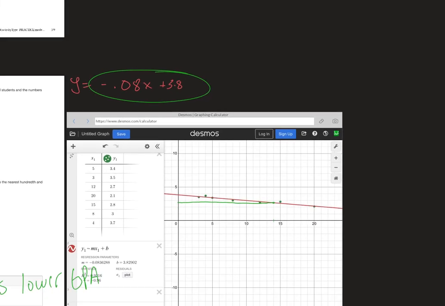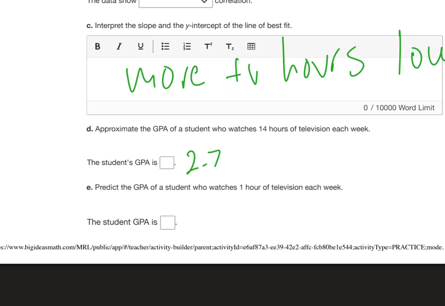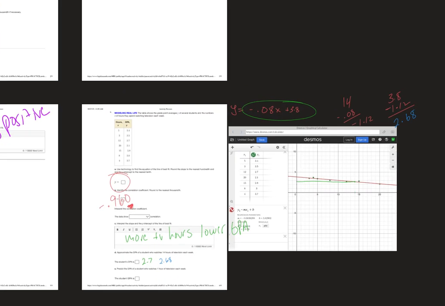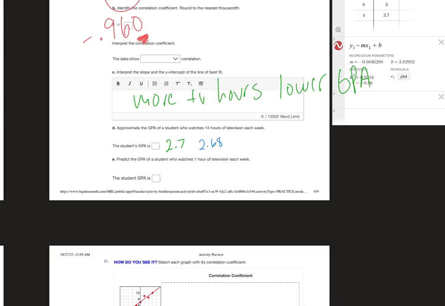So when you do 14 hours times negative 0.08, you get negative 1.12, and 3.8 minus 1.12 is, let's see, 2.68. So my guess was 2.7. Cool. The answer is 2.68 based off of that equation right there.